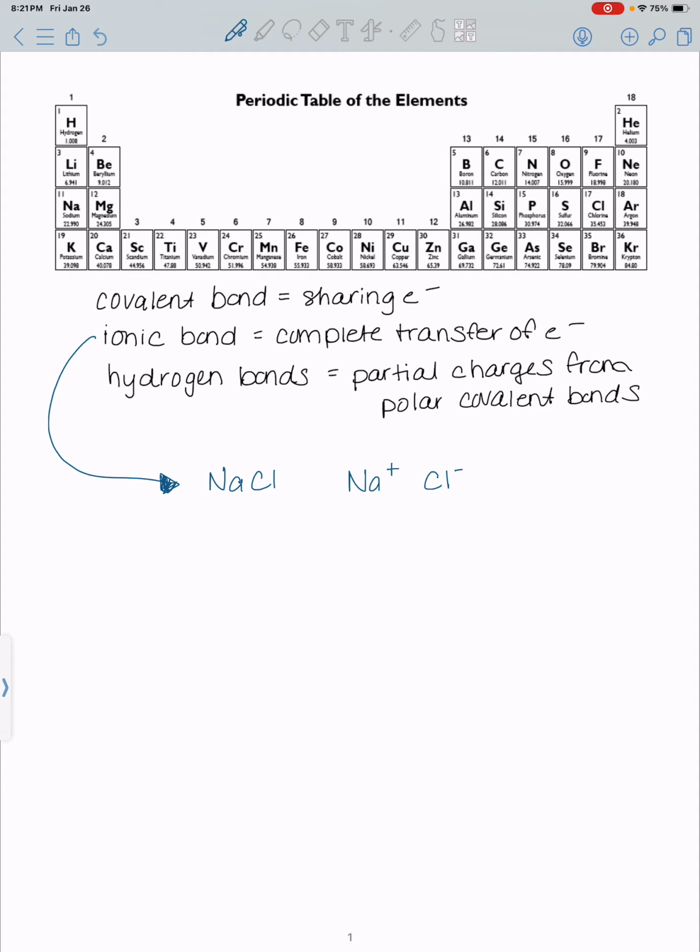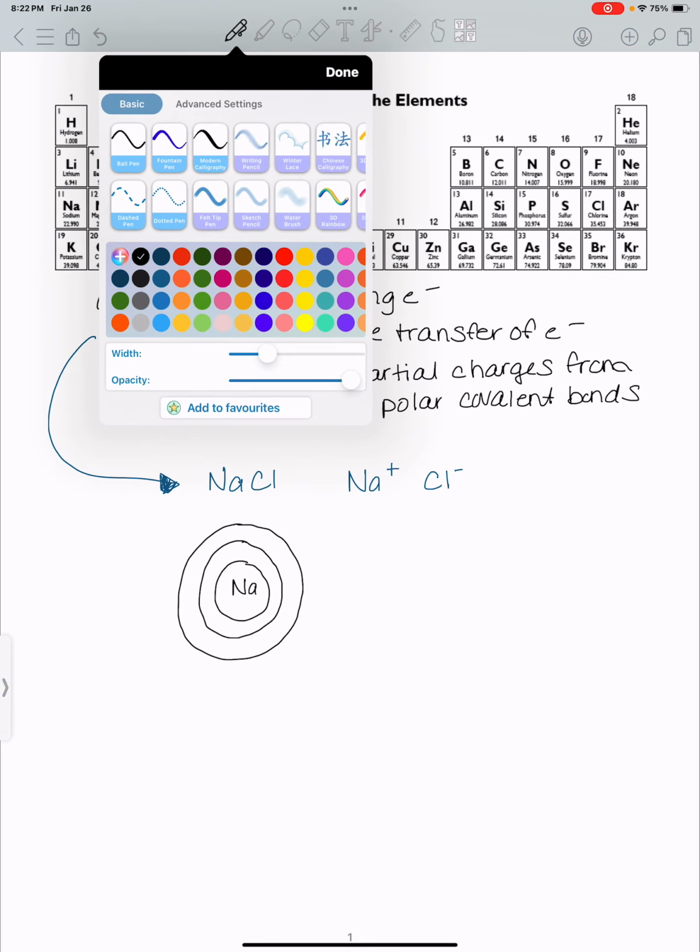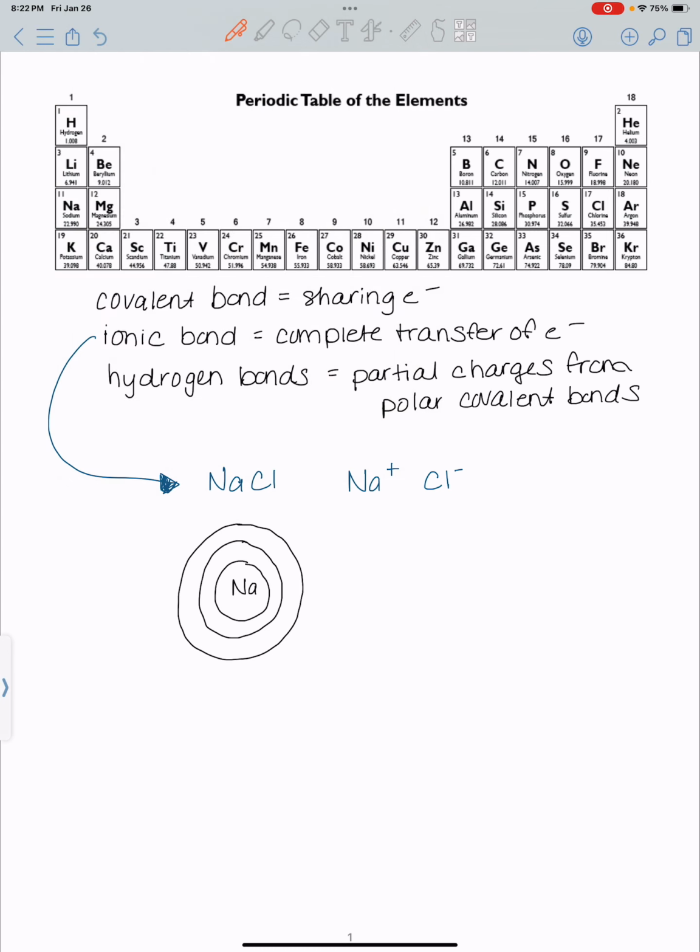So we'll do a quick review of that. We have an element in the middle, and I'm going to focus on sodium here. Sodium in the middle, and then we have our electron rings. Looking at the periodic table, a normal sodium atom has 11 protons, which means it has 11 electrons.